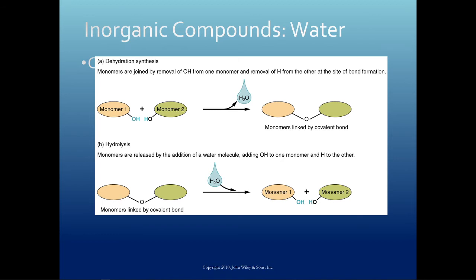We can see this bottom example here where we have two things and we're breaking them apart. It required water to do that. A dehydration means that we're removing the water from it. So typically we're taking two things, we're removing water, and when we link those two together, water comes off. So if we get dehydrated, water is leaving our body.